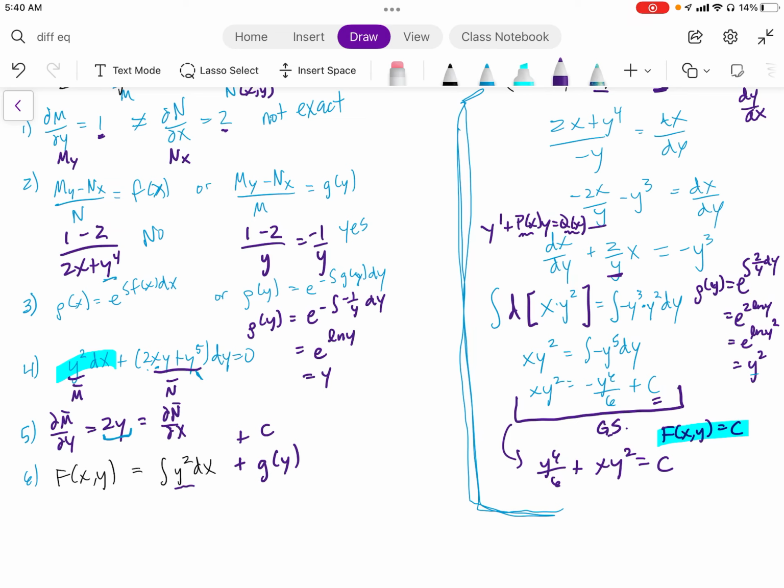But I know it's a function of y because of this dy here. Okay, so we're going to integrate the dx and then take the derivative and then integrate again.